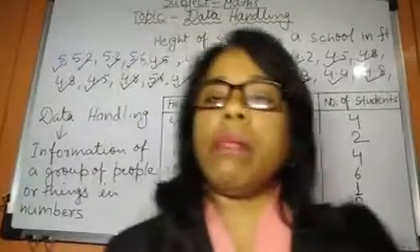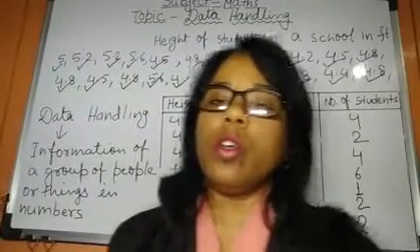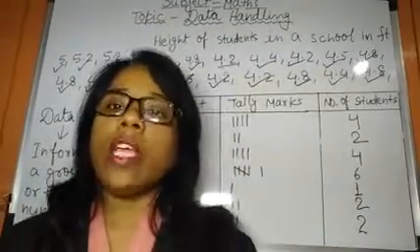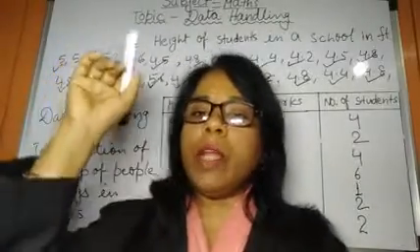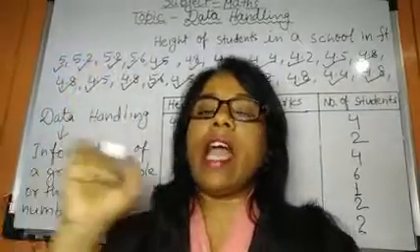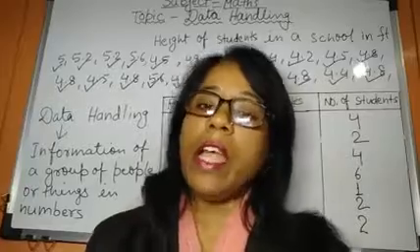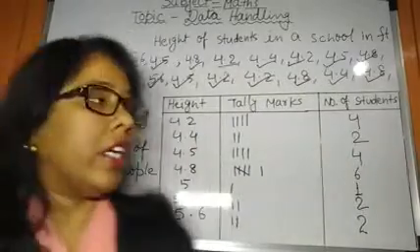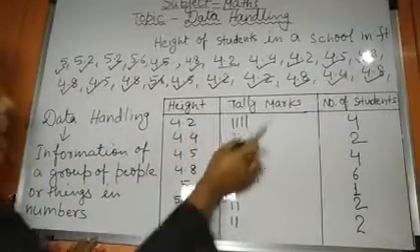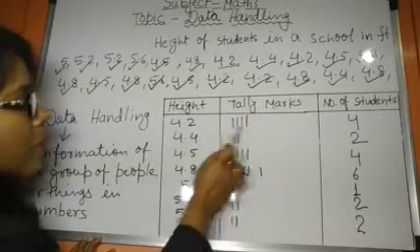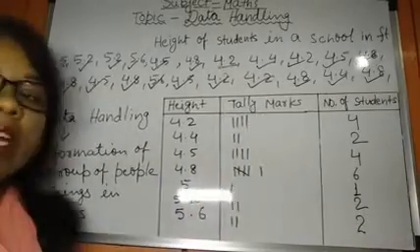Tally mark means in previous days when people didn't know how to keep a record, they used standing lines, slanting lines, sleeping lines for counting. So here this tally mark is for 4, we will use 1, 2, 3, 4 vertical lines.